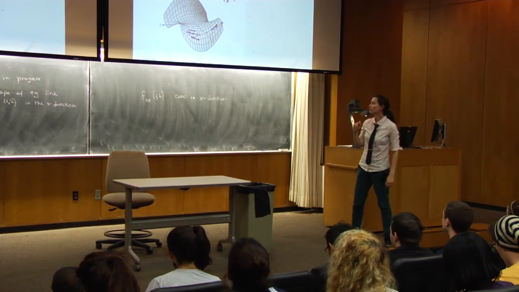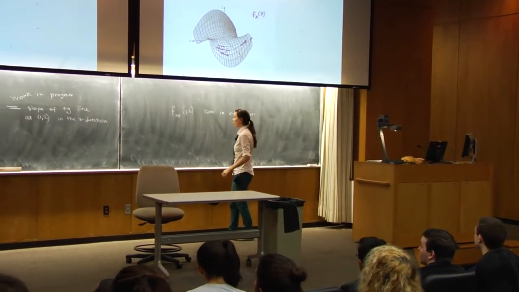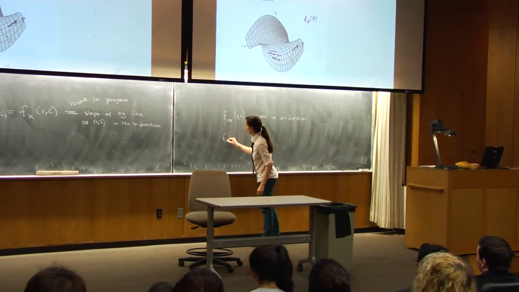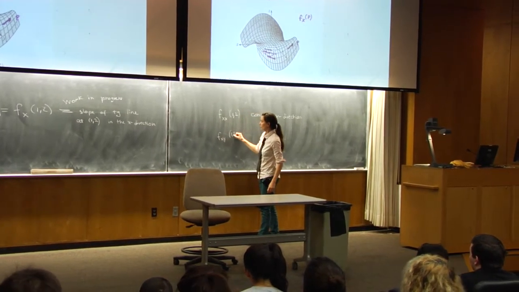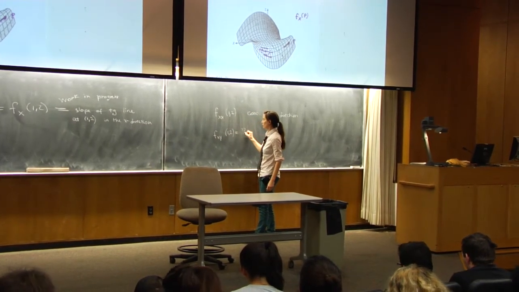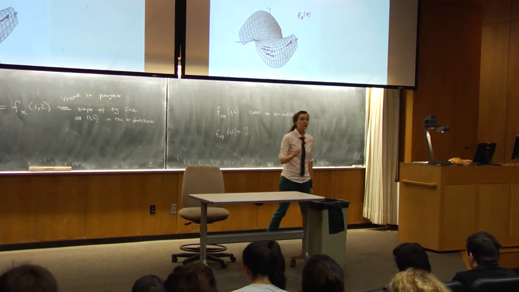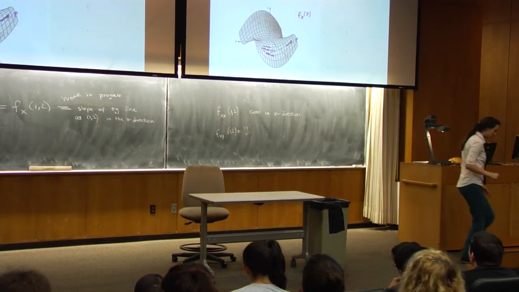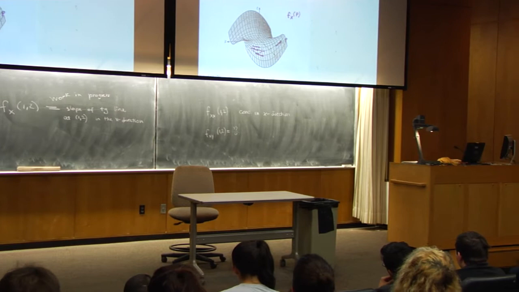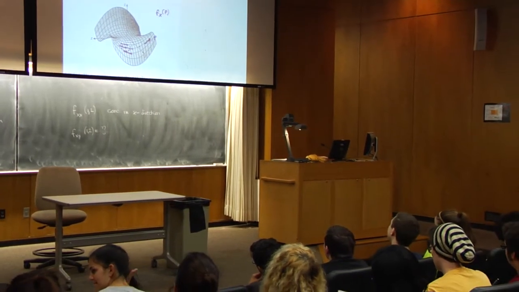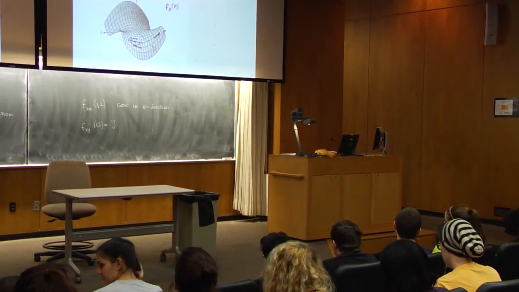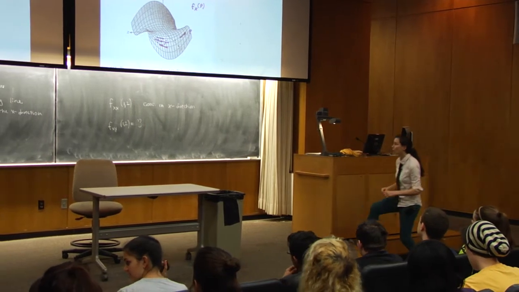Alright, so now what I want you to do, guys, is think about this other object. fxy at 1, 2. What is this? So get together with a neighbor and start picturing this fxy. And also, of course, we do have the other one, which is fyx.